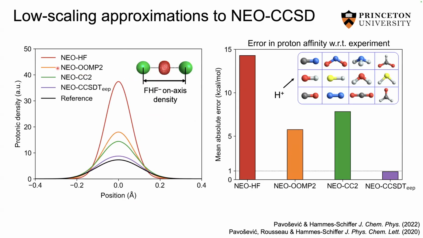So the orbital optimized MP2 and CC2 densities are certainly more delocalized than what we get from the mean field answer. But they're certainly not anywhere close to the level of delocalization we get from these high accuracy coupled cluster calculations. And when we look at the energetics, the orbital optimization really doesn't do that much.